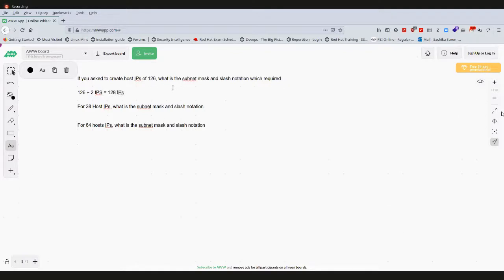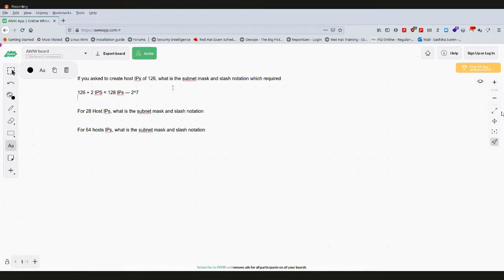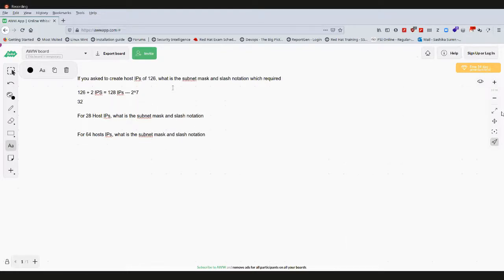That means the power of 2 is 2 to the power 7. So the network portion will be 32 minus 7, that is 25. The slash notation is simply 25.